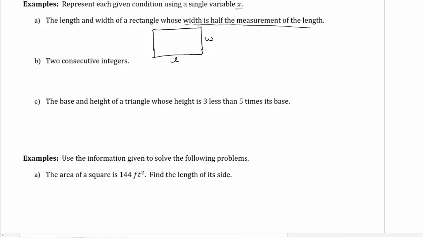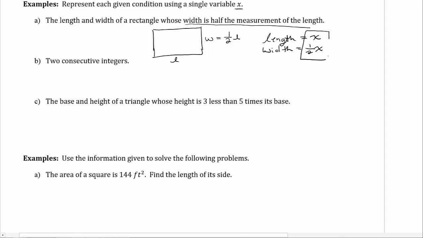It says the width is half the measurement of the length. So the width is equal to 1/2 the length of the rectangle. We're going to let the length be equal to x, and the width then is 1/2 times the length, so that would be 1/2 x.